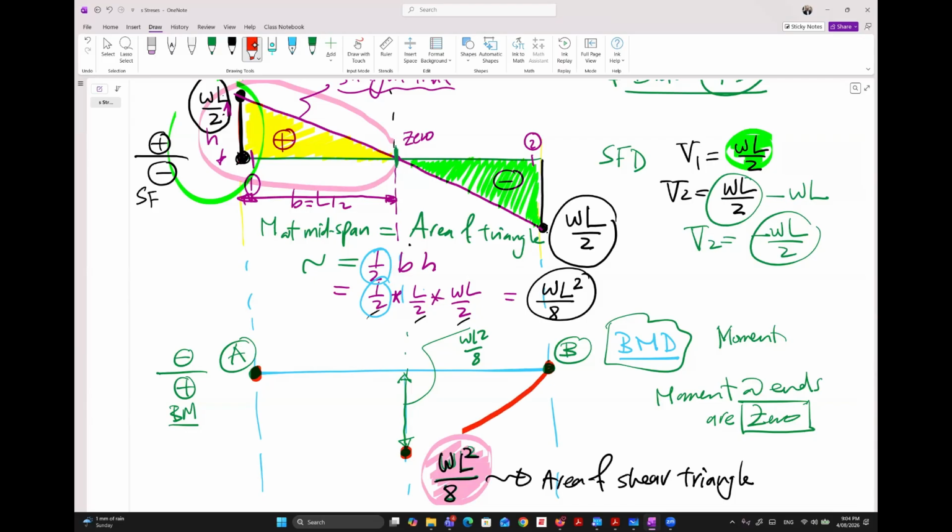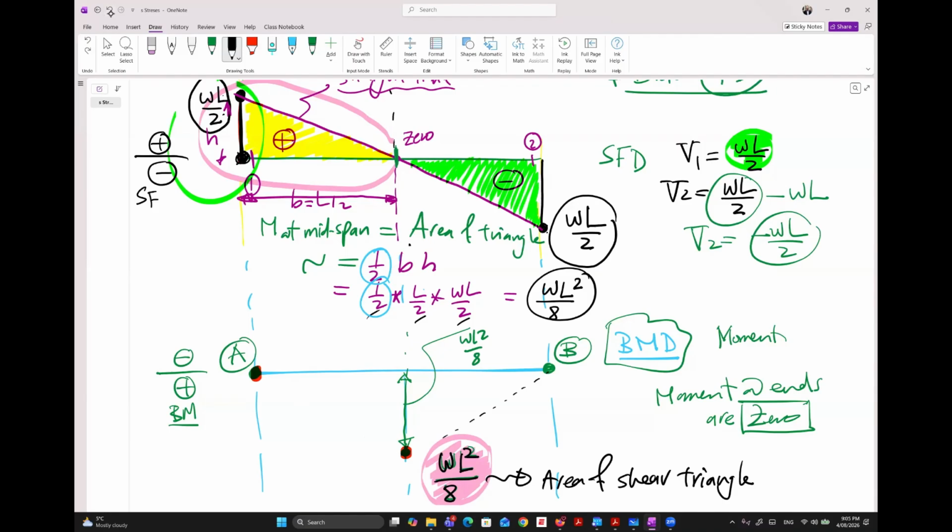Actually, I will connect this with a parabola or curve. If I connect with a line, this is the line. I just tried to show that it is not a line.